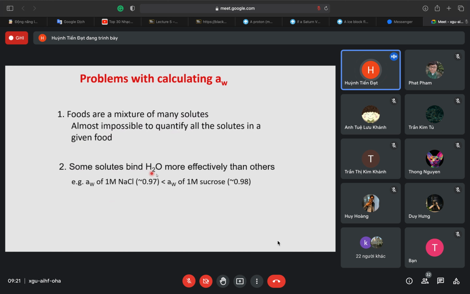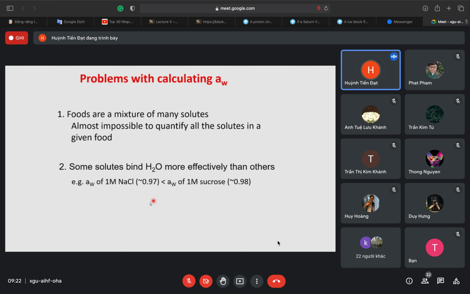Some solutes bind water more effectively than others, even at the same 1 molar, so the water binding capacity is also different. For example, 1 molar of sodium chloride generates a water activity of 0.97, and 1 molar of sucrose generates 0.98.